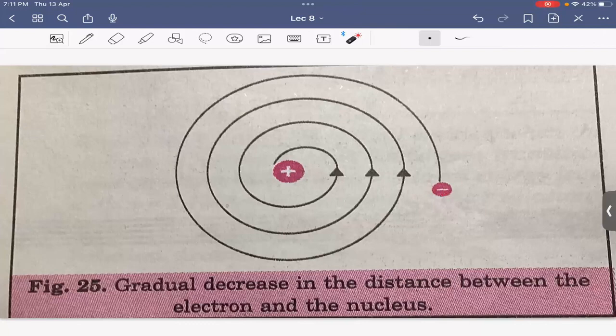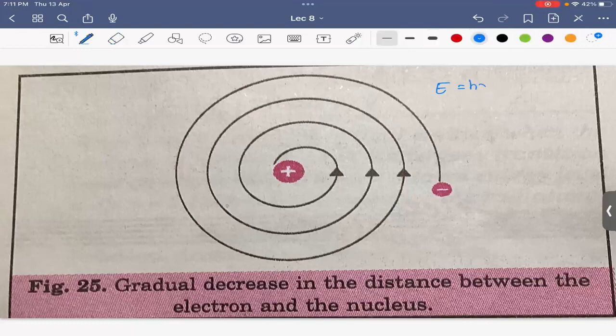Because we know unlike charges attract each other, right? So as per Clerk Maxwell, when this electron is under the influence of attractive force, this electron should radiate emission, and we know that energy is nothing but h nu, that is hc by lambda, right?